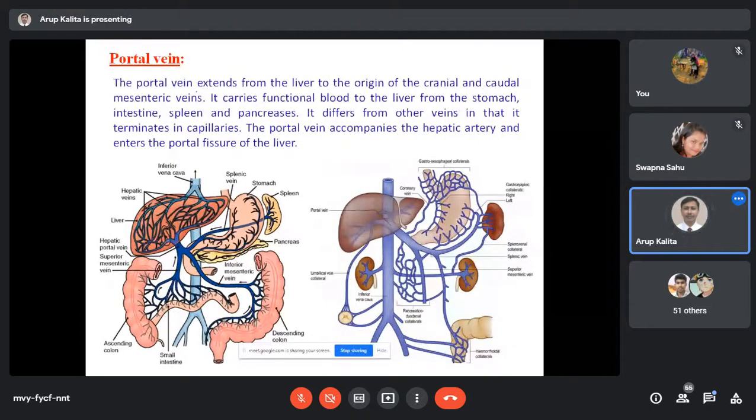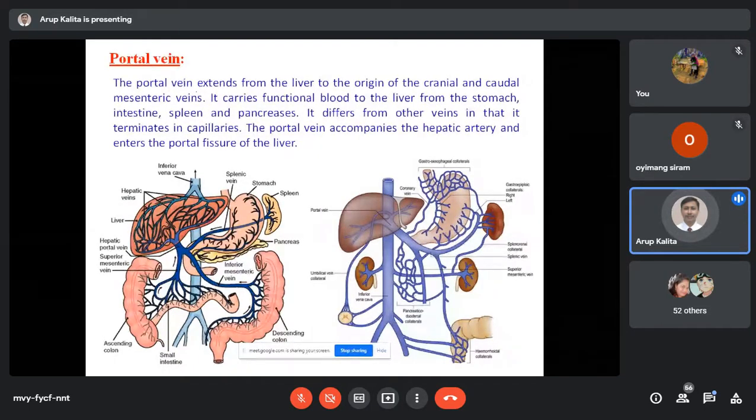That means veins are generally formed from the smaller vessel to the larger vessel. It starts from the capillaries and ends in the vena cava. And when the vena cava forms, it will join to the right atrium.